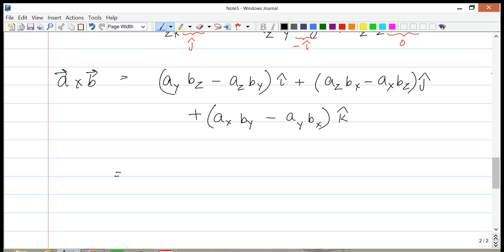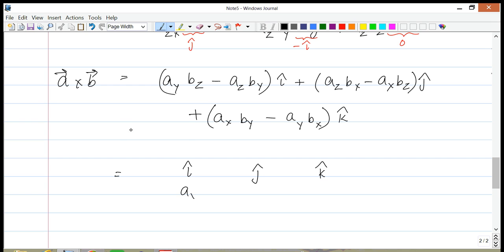Now here's another thing to keep in mind. If you look at this product, we can actually write it in a nicer, neater form by using determinants. In determinant form, we have I hat, J hat, and K hat going here.